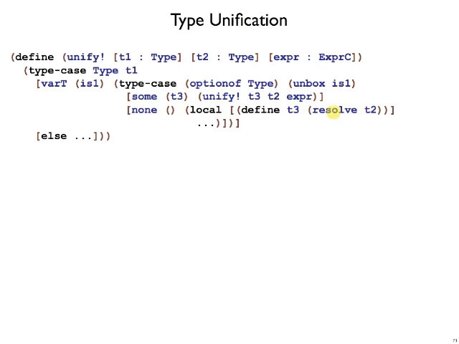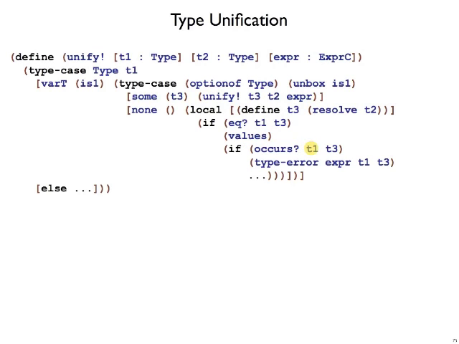So we need to take T2 and resolve it to get the most information we know about it right now. T2 might be a type variable, and so we want to get whatever that's been equated to, transitively following equivalences. Now if T3 turns out to be T1, the type that we started with, then in that case we've succeeded. We've just checked that T1 is T1, that holds, there's nothing new to record, we only succeed.